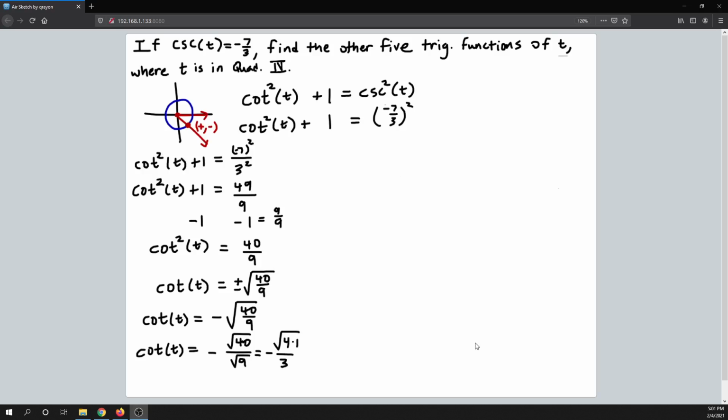What I'm doing to simplify that is looking for the largest perfect square that will go into 40, and that's 4. Okay, so this is going to come out to be minus square root 4 times square root 10 over 3, and that's going to come out to be minus 2 square roots of 10 over 3.